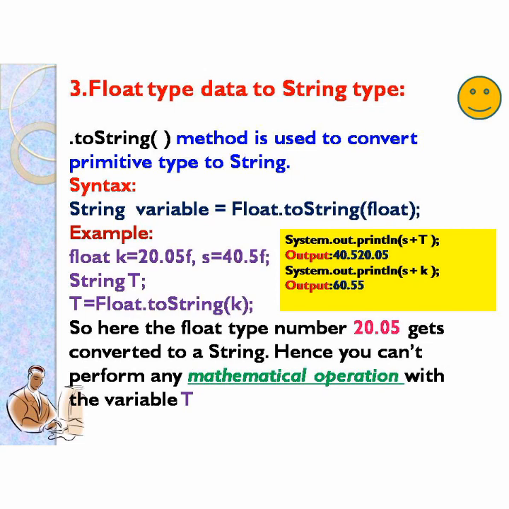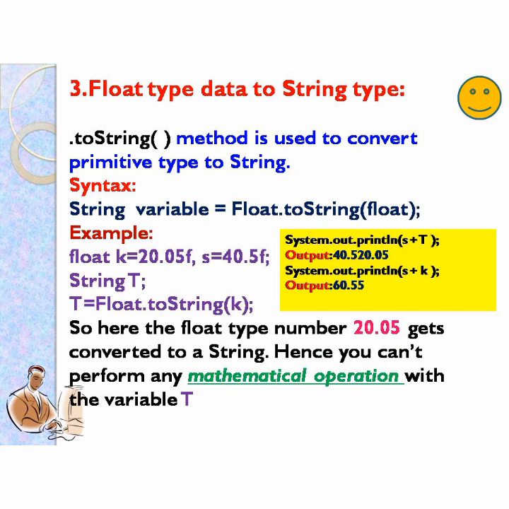Next, we will discuss float type data to string type. Syntax: string variable equals Float.toString(float). For example, float k equals 20.05f, s equals 40.5f. String t. So here we have to convert the variable k to string. So how will you write? t equals Float.toString(k). So here the float type number 20.05 gets converted to a string.